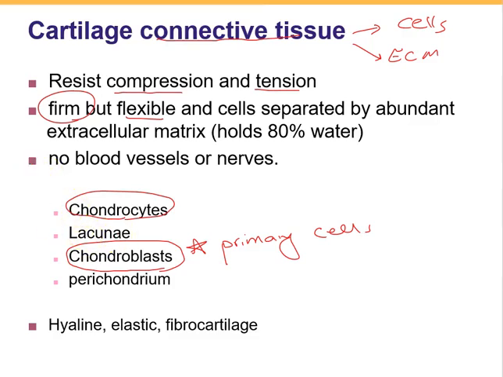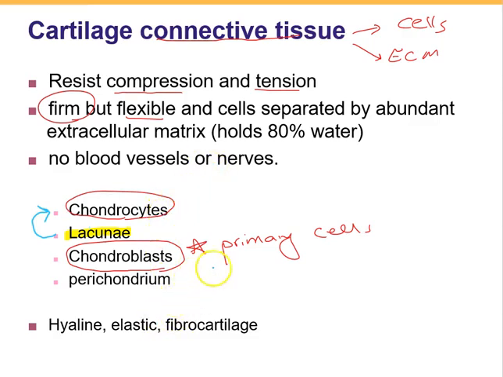So the lacunae is a house for chondrocytes. Please do not forget, lacunae is the cavity or space which we can find in the matrix of the cartilage. These spaces provide a protected environment for the chondrocytes to reside and carry out their function, such as maintaining the extracellular matrix. So inside of the lacunae, inside of these small cavities or spaces, we can find chondrocytes.